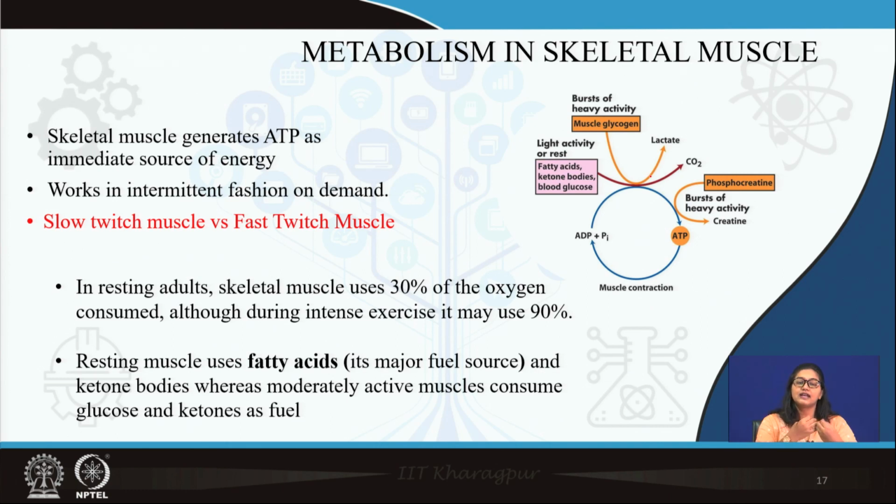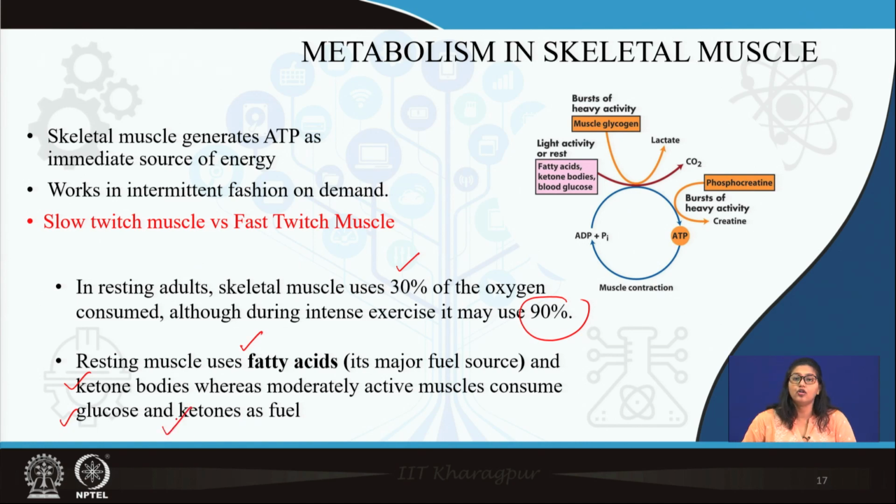When skeletal muscle is at resting phase, oxygen utilization is around 30%, whereas in intense exercise that can go up to 90% oxygen utilization. Now, in resting muscle, the major fuel of choice is fatty acid and can be ketone bodies as well, whereas in moderately exercising muscle the fuel choice is glucose and also ketone bodies.